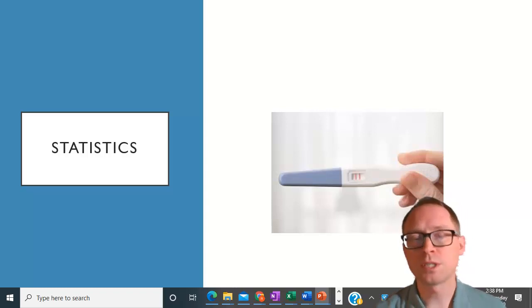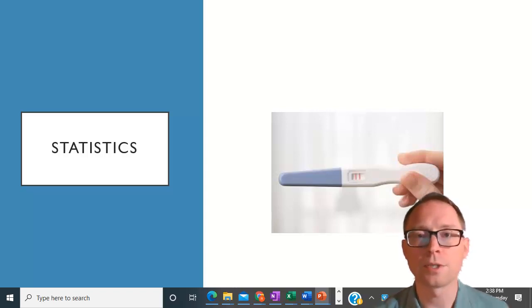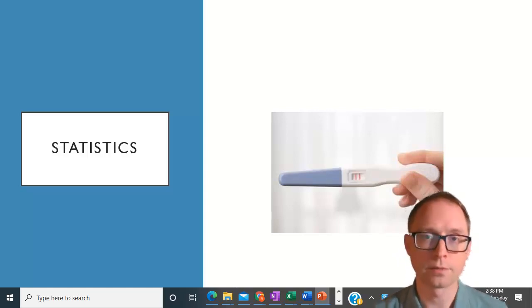Now, more specifically, the statistic tells us the probability of getting a specific statistic if the null hypothesis is true. And so what's really going on with a statistic is like a pregnancy test that always tells you that you're pregnant.